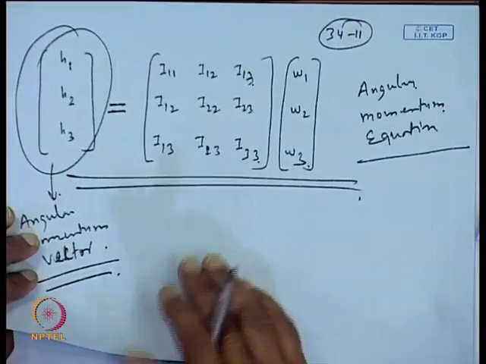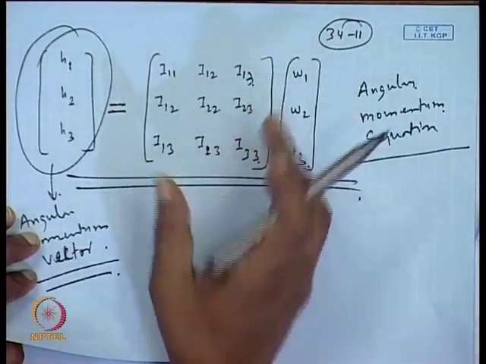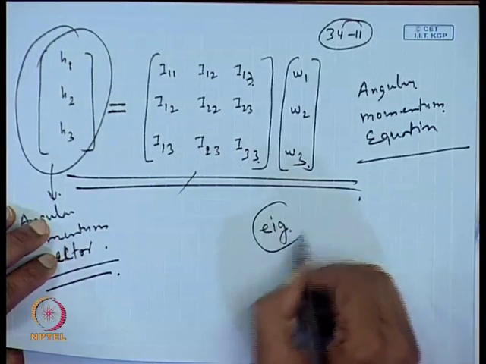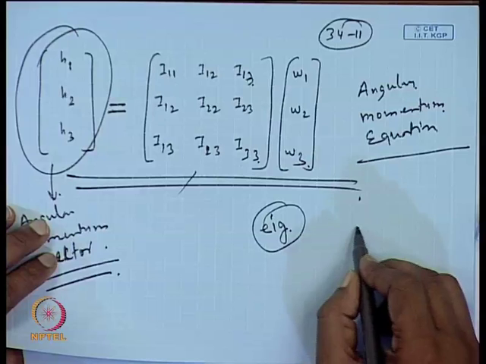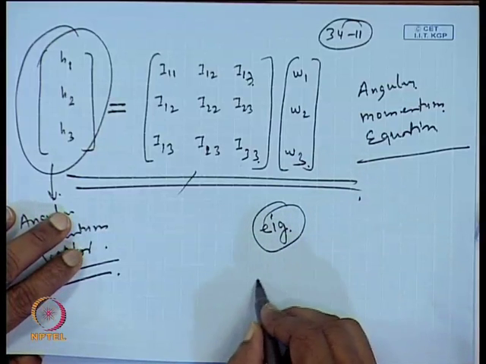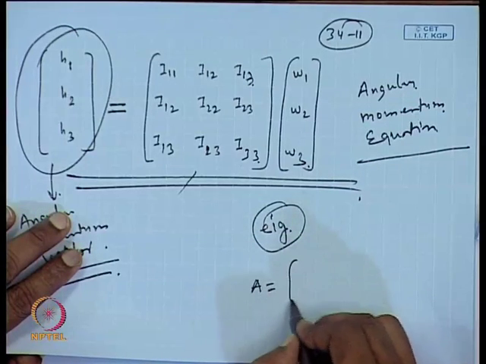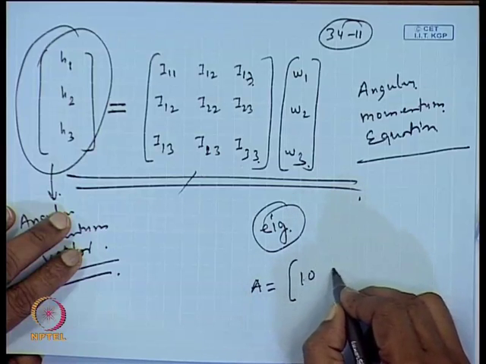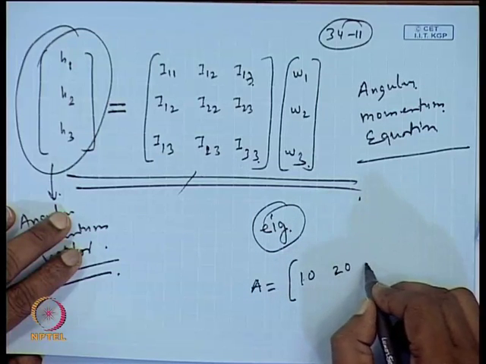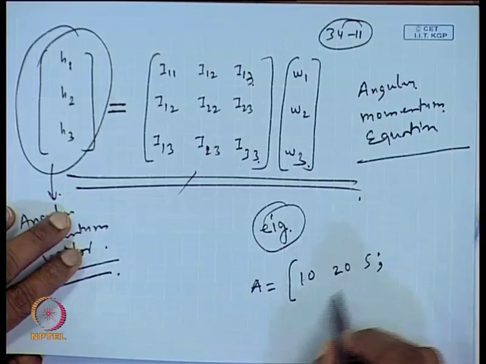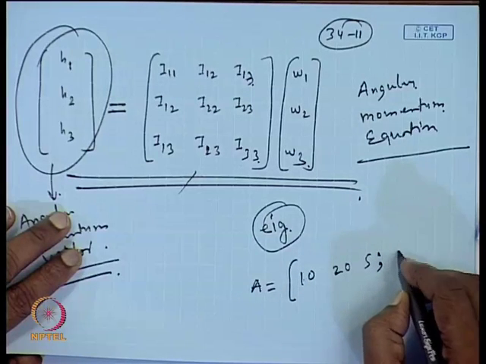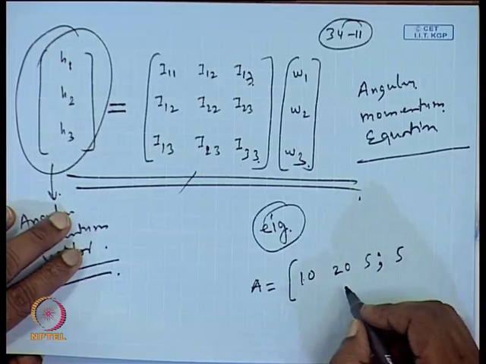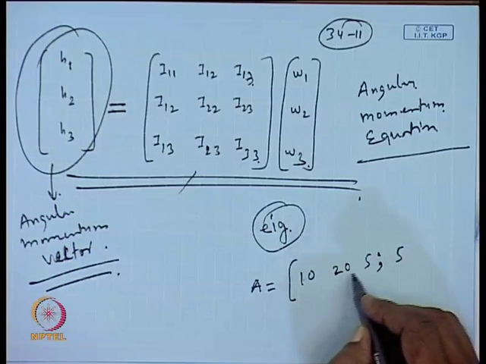So, you may wonder what is meant by the eigenvalues of this matrix. Okay, in MATLAB there is a command eig. Okay, so, if you have a matrix, you define a matrix as A, where the components of this matrix are written as 10, 10, 20 and 5, and they are separated by this semicolon, and then you can write say 5, this is 10, 20 and 5.